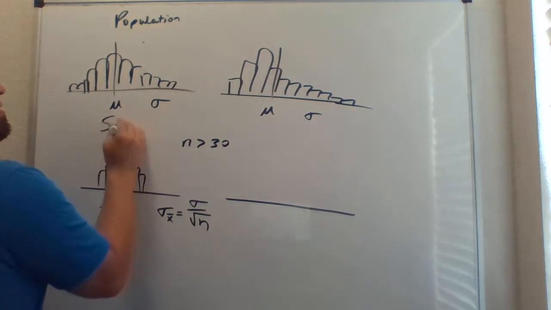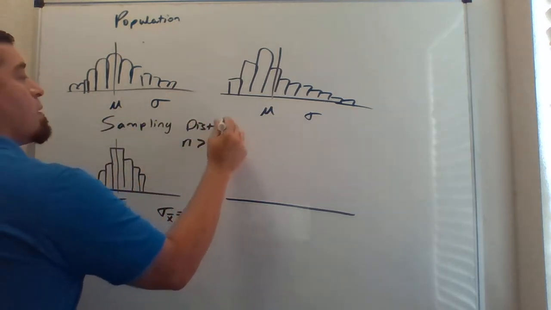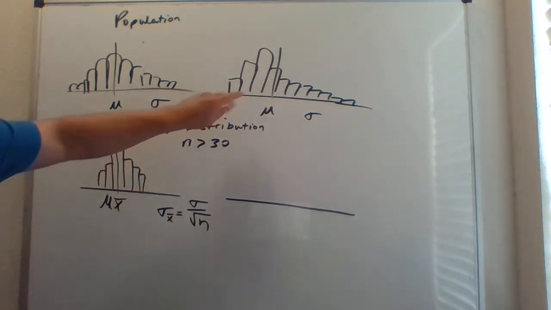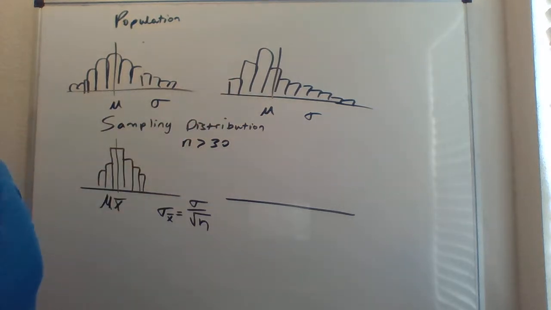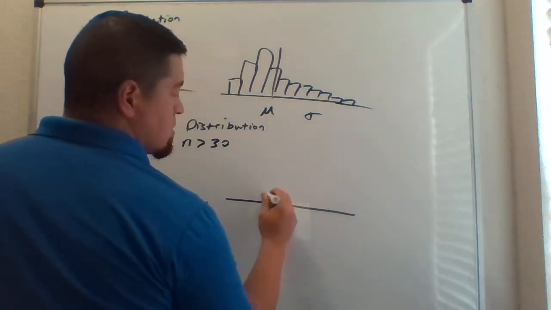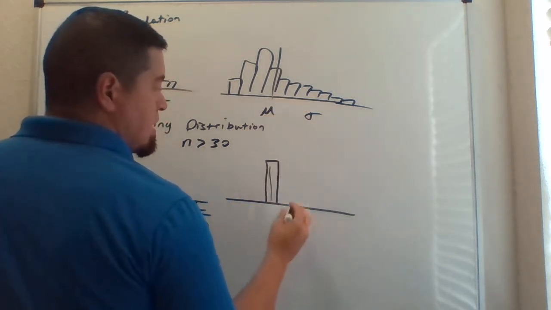What's the sampling distribution? The bottom is the sampling distribution. Let's say I took samples of size 40. Most of my samples will fall around the mean.